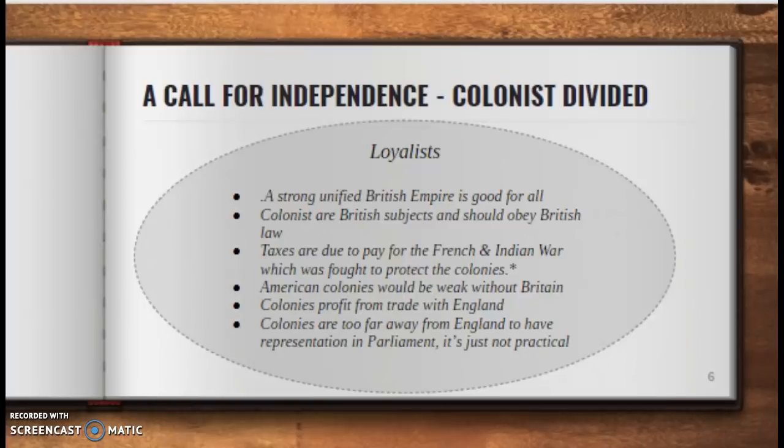Loyalists also believed that taxes were due to pay for the French and Indian War, which in the loyalist eyes was fought to protect the colonies. We've talked about how the British government wanted the land for farming. They felt the French weren't using it appropriately, and the British government decided on its own to start moving into that territory, the Ohio River Valley between the Mississippi River and the Appalachian Mountains.